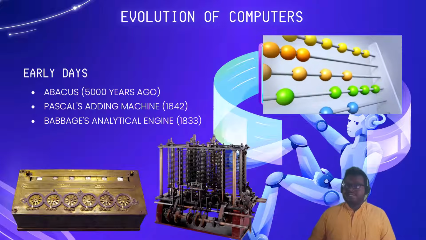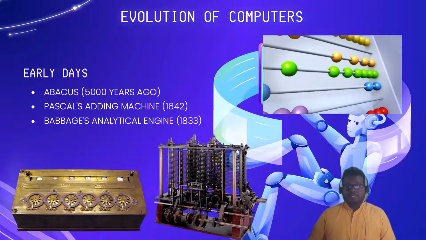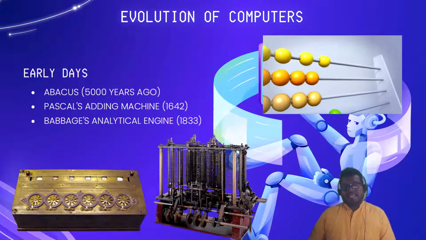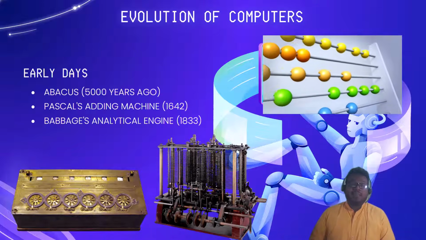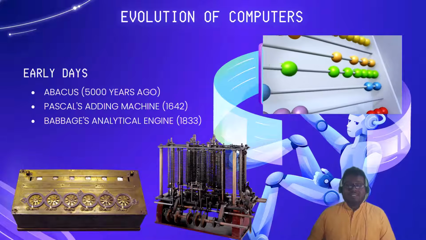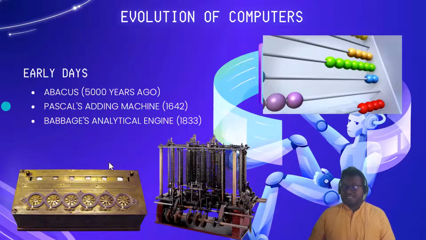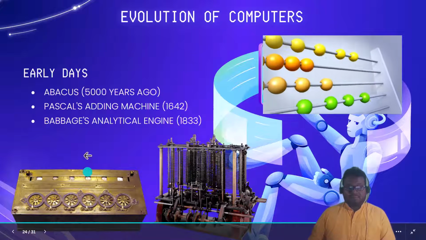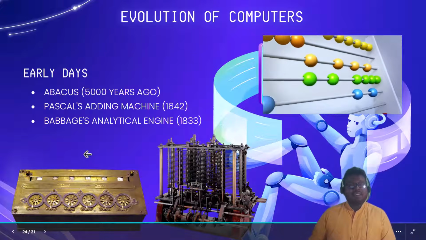Then in 1642, a teenager named Blaise Pascal invented a mechanical calculator called Pascal's adding machine. This is the Pascal's adding machine. It's in 1642.